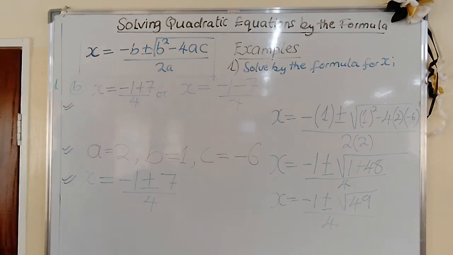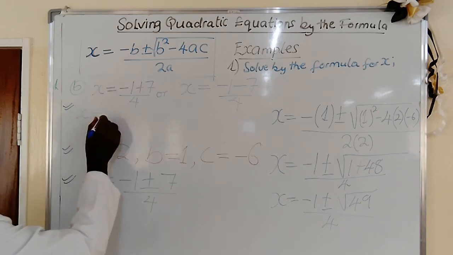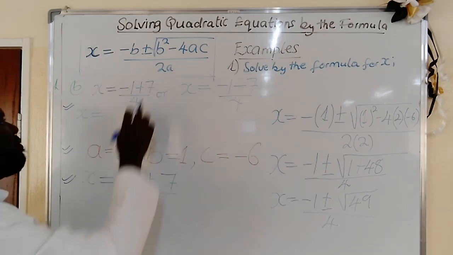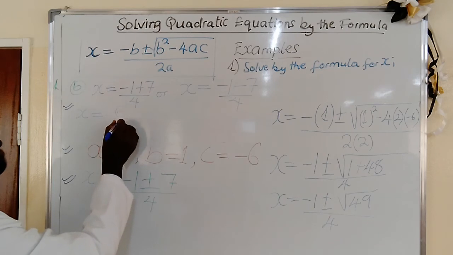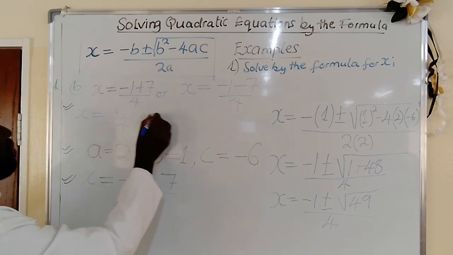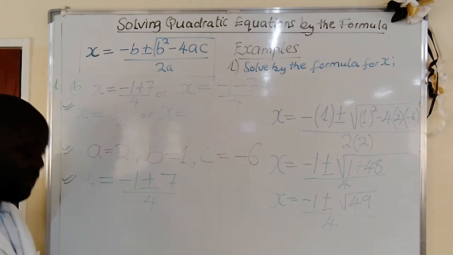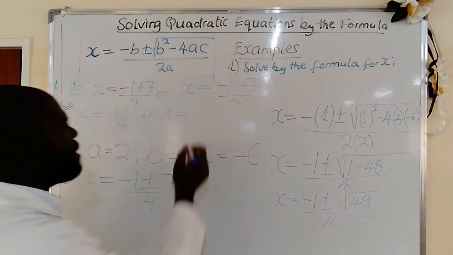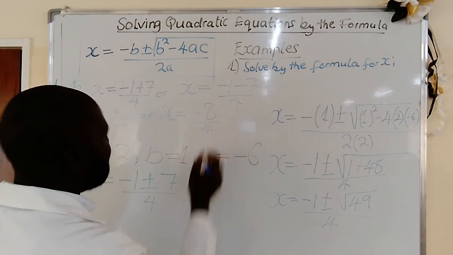Okay, so we have separated. From there we have x is equal to, when we say negative 1 plus 7, we are getting positive 6 over 4, or x is equal to negative 1 minus 7, we are getting negative 8 over 4.